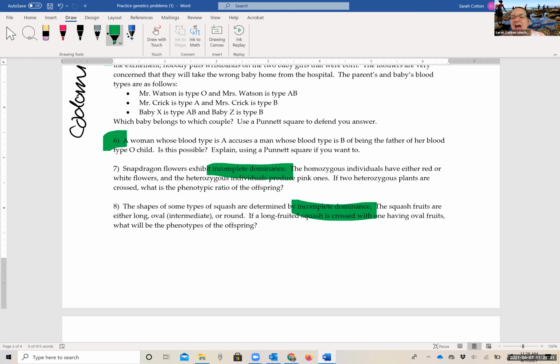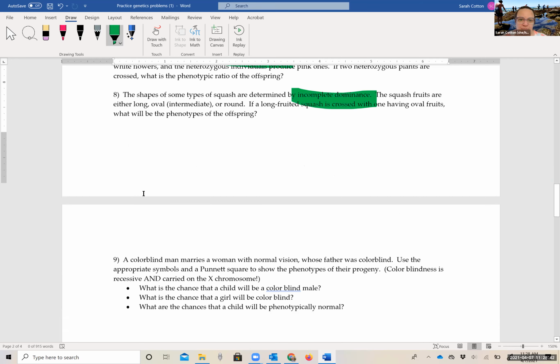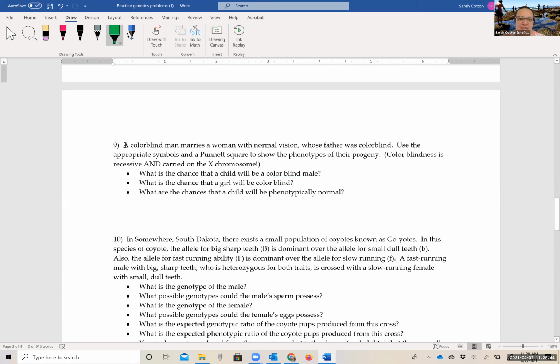So once again, if you're like, I don't know what incomplete dominance is yet, I don't want to try to work through these until you're there. So maybe those we can wait a little bit too. Oh gosh, then 9 is about sex linkage. So once again, not ready for this.